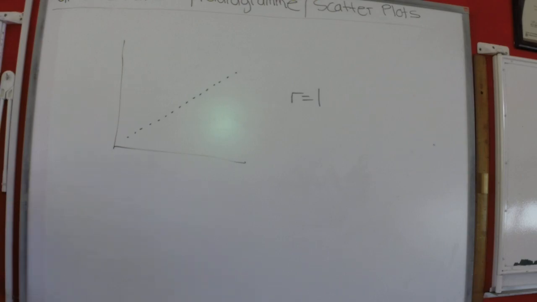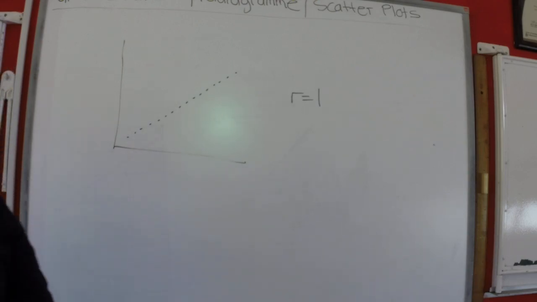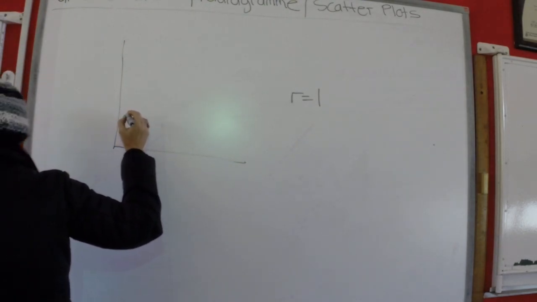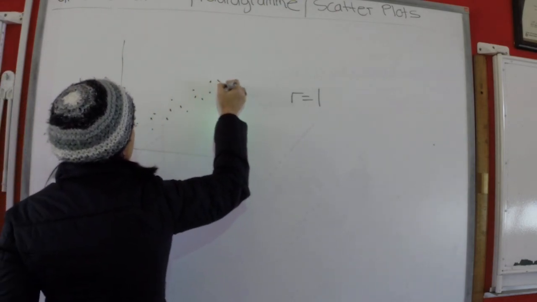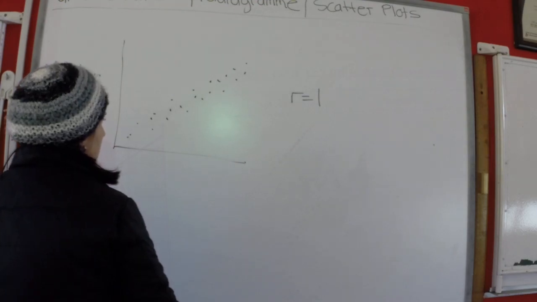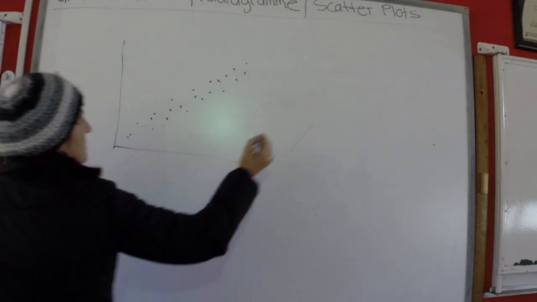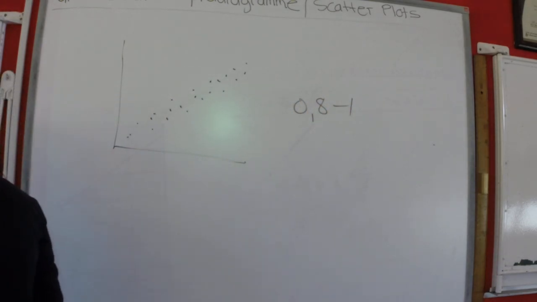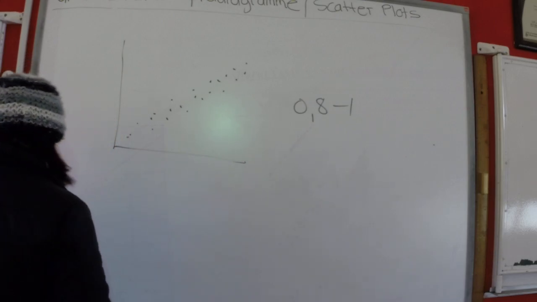Wanneer ons iets het wat meer so lyk, something like this, dan sal ons R-waarde lê between 0,8 and 1. Okay? Now a strong positive linear correlation.